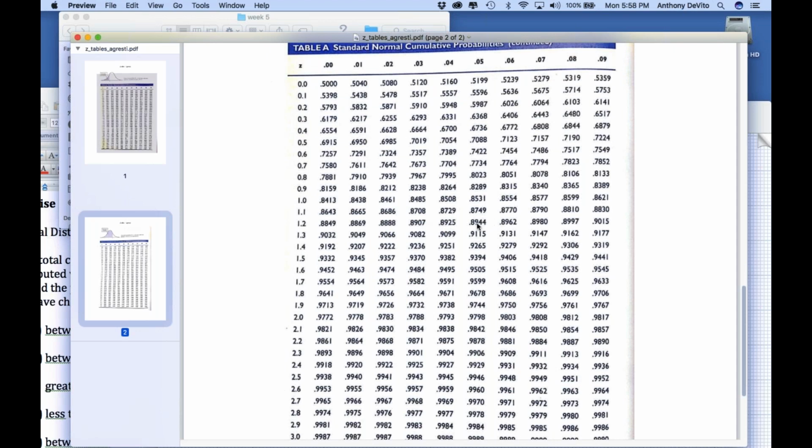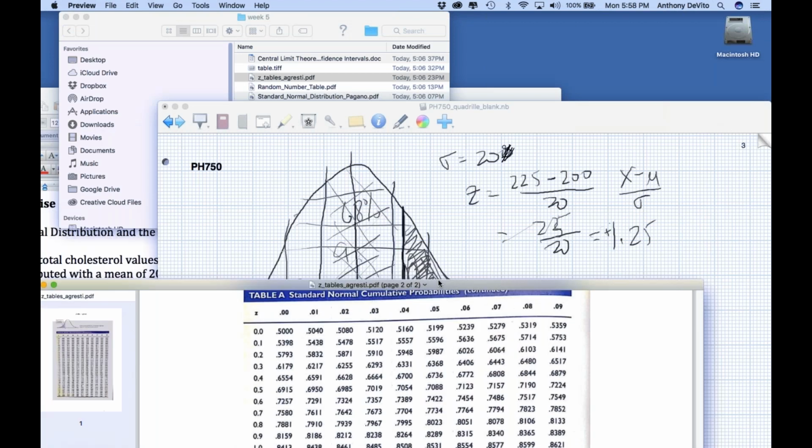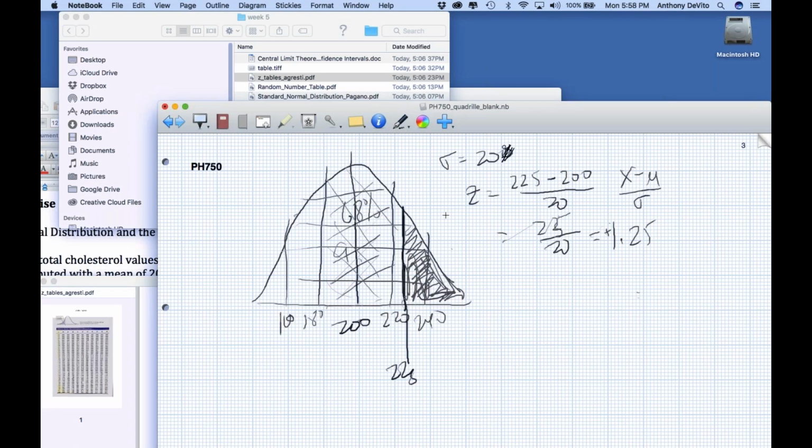So we're talking about an area of 89.44. Okay, but that's the area to the left, right? That's this area, 0.8944 if you're dealing with probability. If you want to describe it as a percentage, you could say 89.44%.